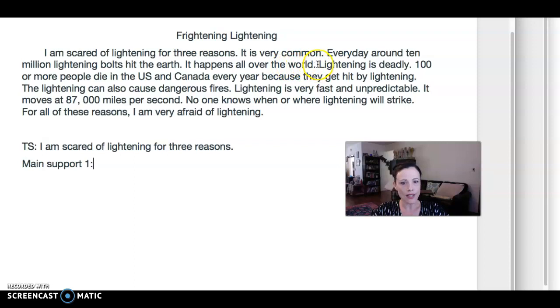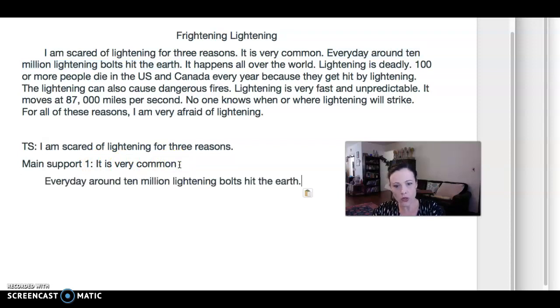Okay, yeah. So my first main support, it is very common. What about this? Every day, 10 million lightning bolts hit the Earth. That's a detail about common. So common means it's normal, it's usual, it happens a lot. So this is a detail.